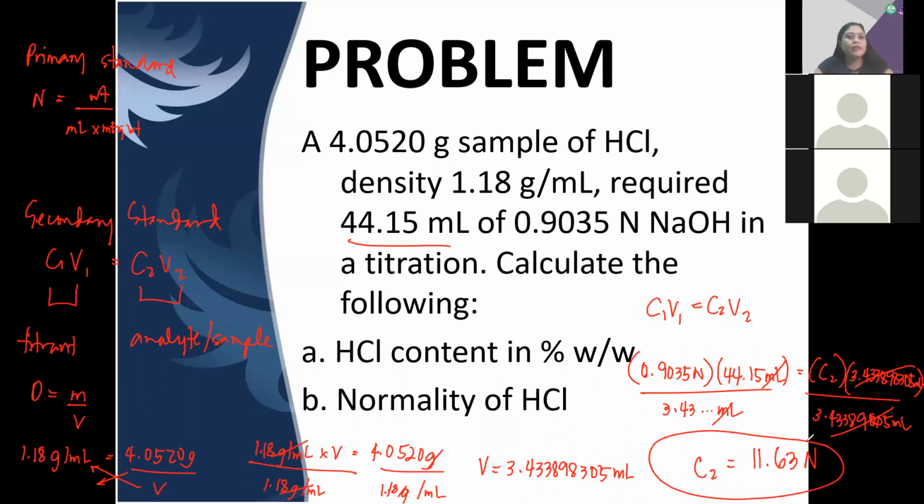Okay? That's the correct answer for letter B. Any question or clarification regarding this problem? Again, percent purity is the same as asking for the content of a certain sample.